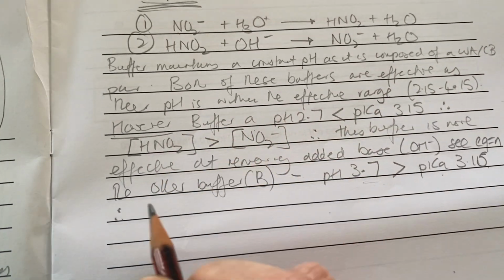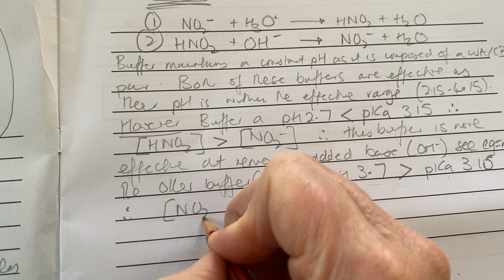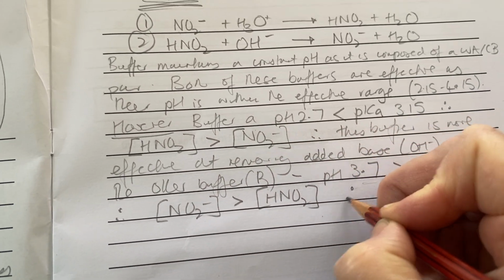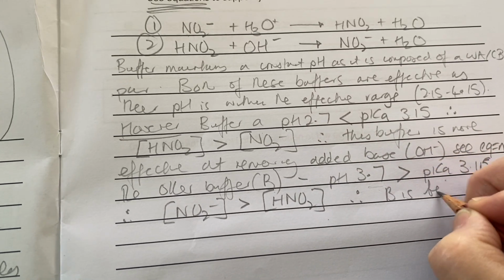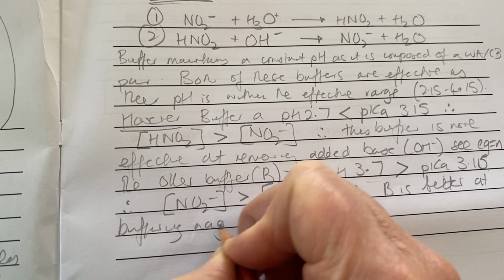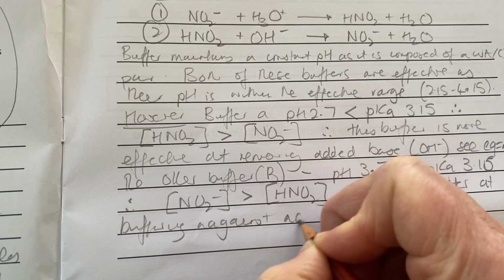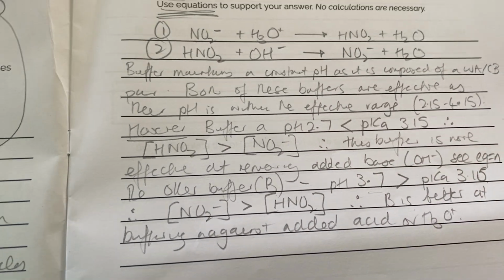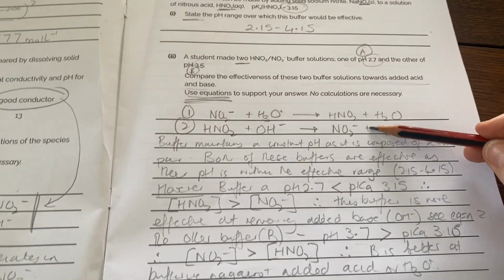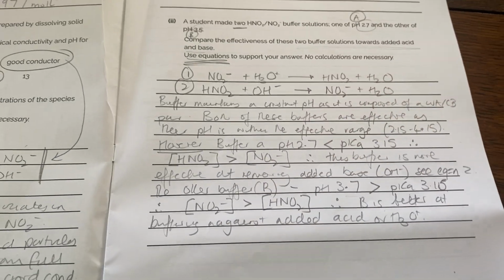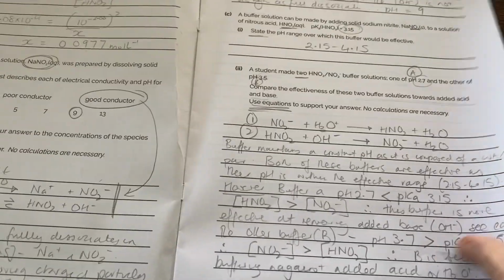So therefore, if we've got a higher pH, the concentration of the conjugate base must be greater than the concentration of the acid, and therefore buffer B is better at buffering against, bad spelling, sorry, added acid or H3O+. Okay, so I've got equations and they are relevant equations. I've said they're both effective, and I've related the pH to the pKa to say why they are more effective against added acid or base.